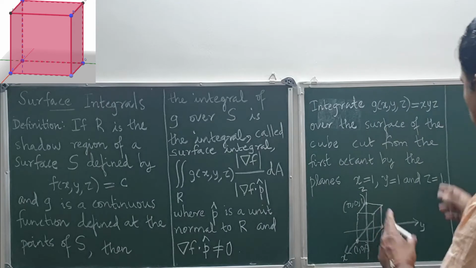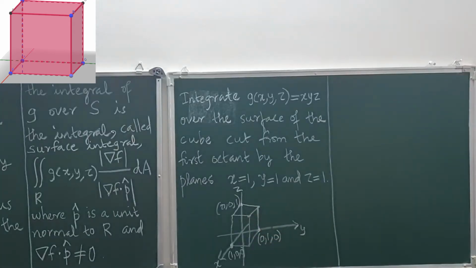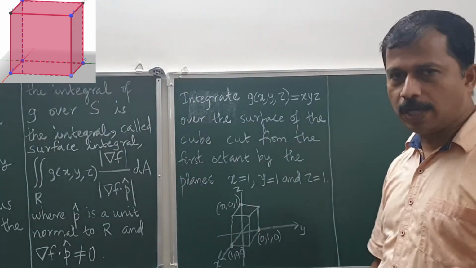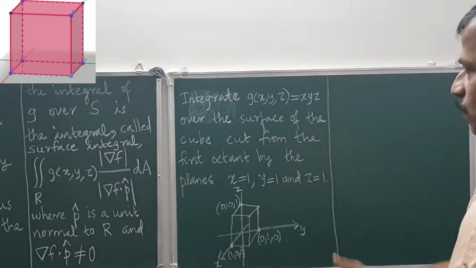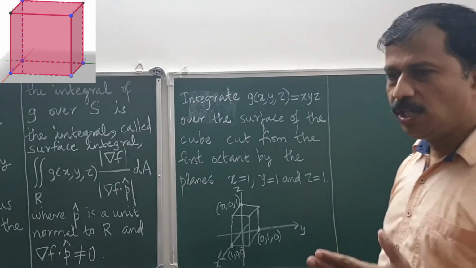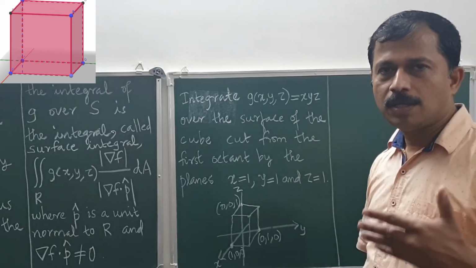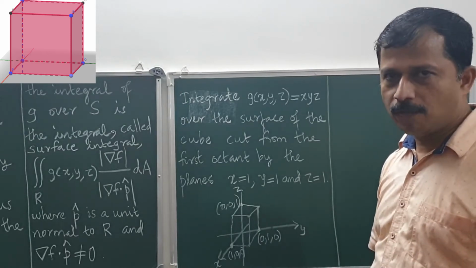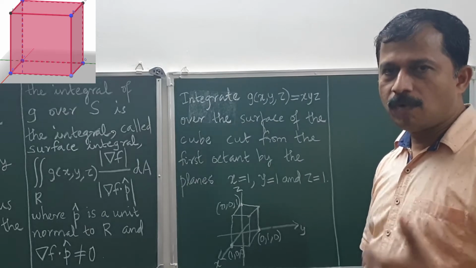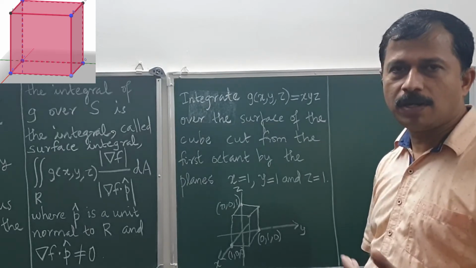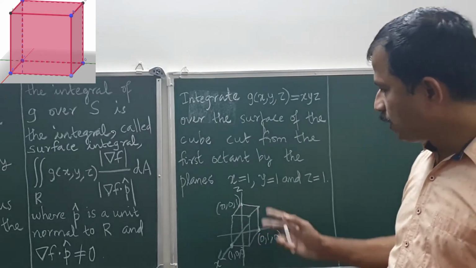So we use this here, and here we have 6 faces. Among the 6 faces, 3 faces of this cube lie on the coordinate planes: one lies along the xy plane, one along the xz plane, and one along the yz plane.